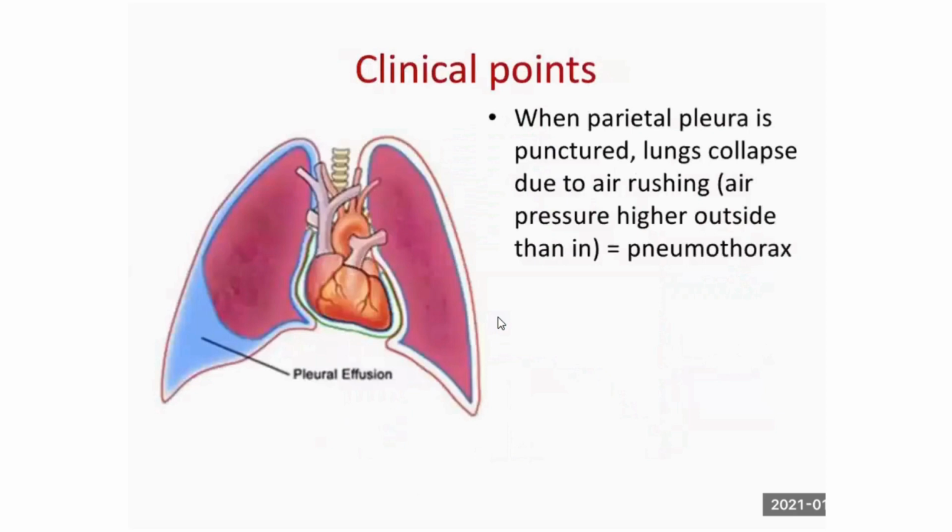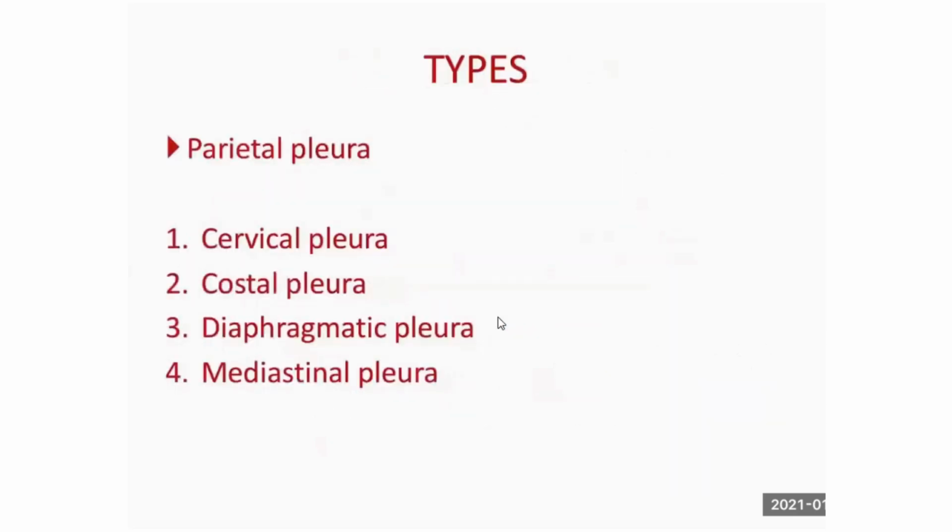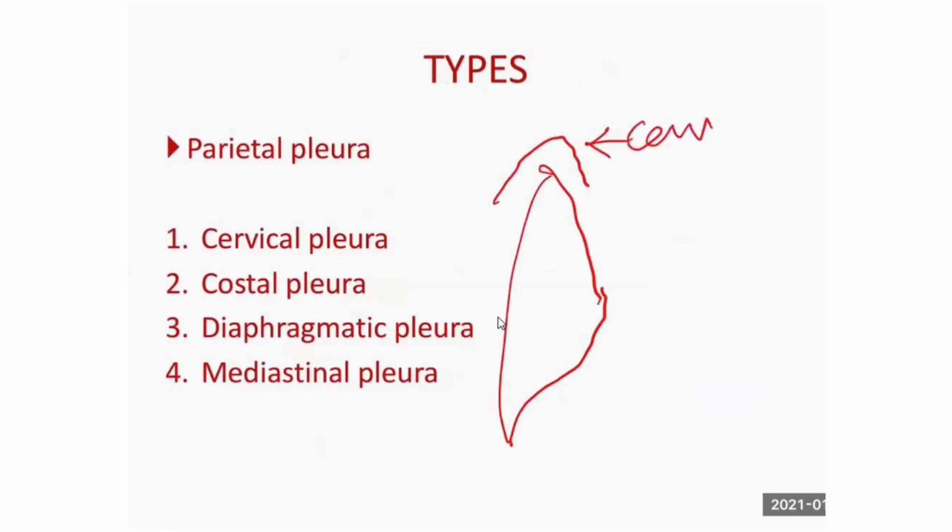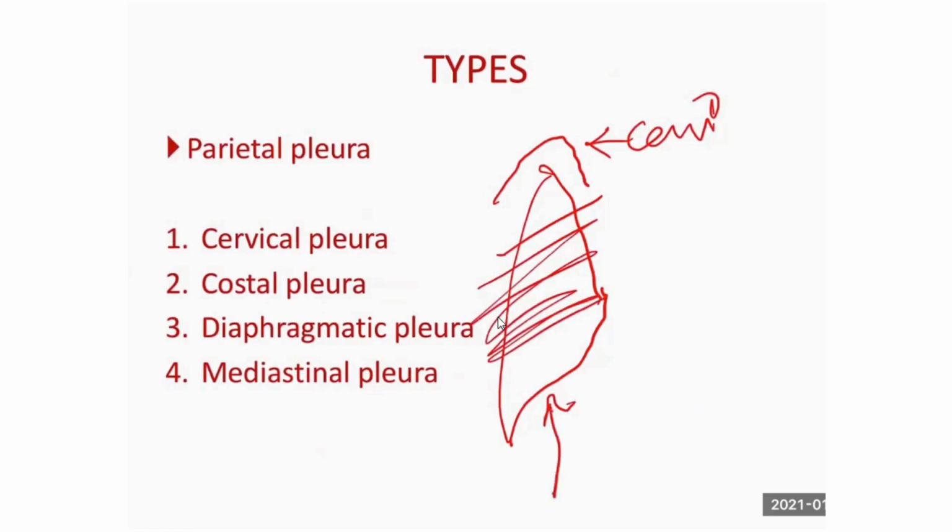Again, the types of pleura are cervical, right? If this is the lung, and it is covering the upper part, it is cervical. If it is covering the anterior surface, costal. If it is covering the inferior surface, diaphragmatic. If it is covering the medial surface, mediastinal.